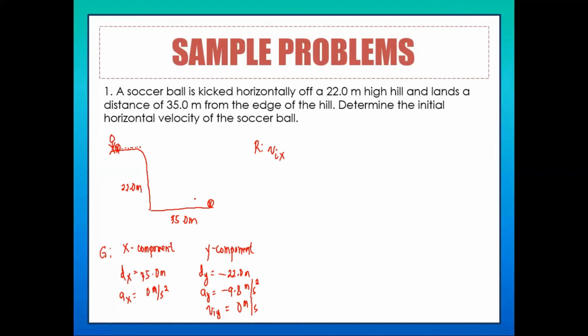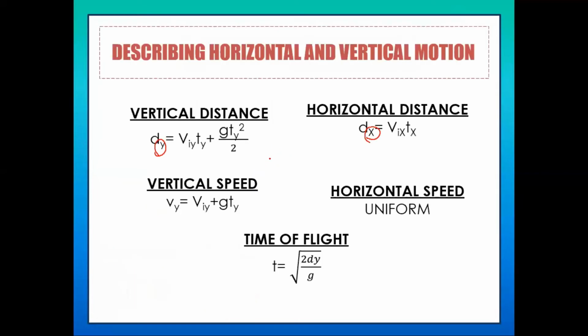Okay? So, again, you have to look on the X component and the Y component. So, this is the required initial horizontal velocity. So, for our equation, kung babalikan natin ito, we are after with the V sub Ix. So, kung titingnan nyo, ito yung kailangan natin gamiting equation.